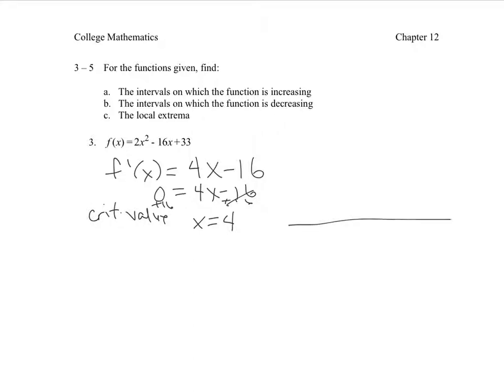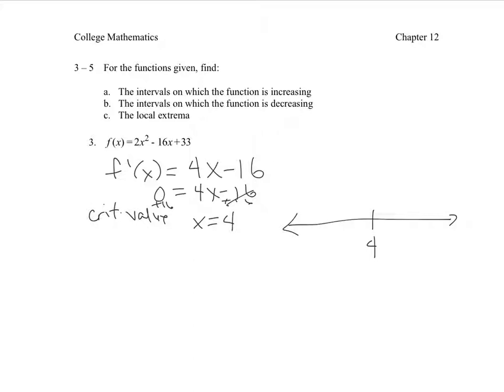We're going to draw a little number line. What I'm interested in is what happens on either side of 4. I know at x equals 4, the slope is 0. The derivative will give me the ability to determine the slope on either side. So what I want to figure out is if the slopes are positive to the left of this, that means that they're increasing.